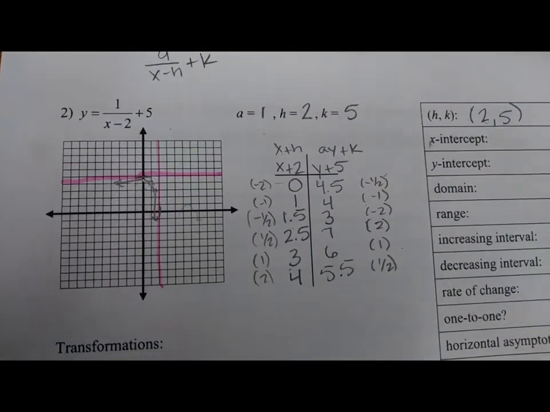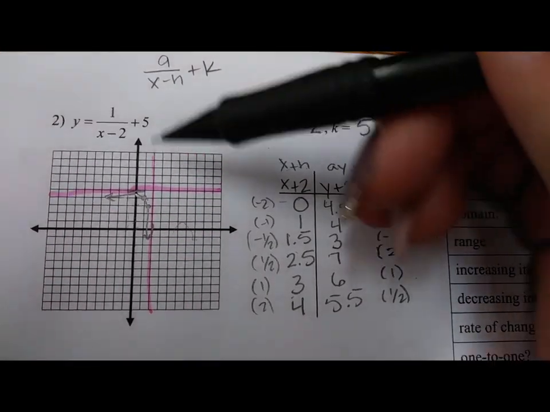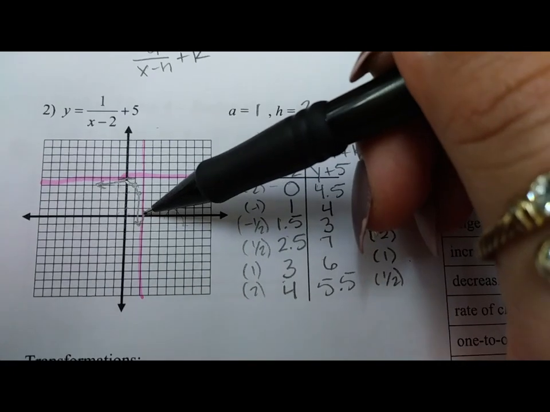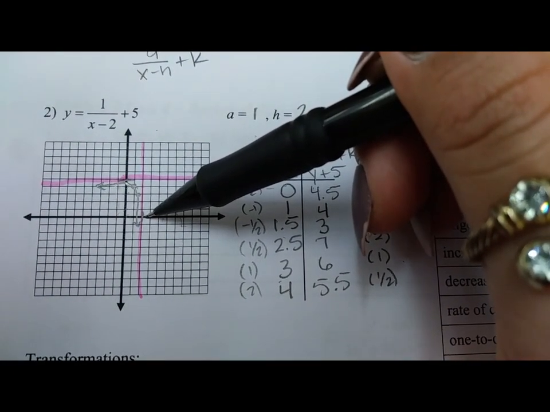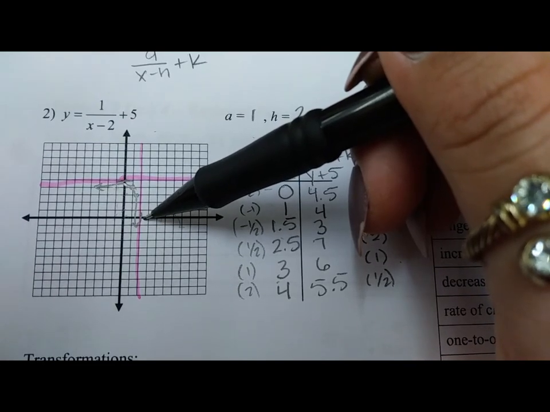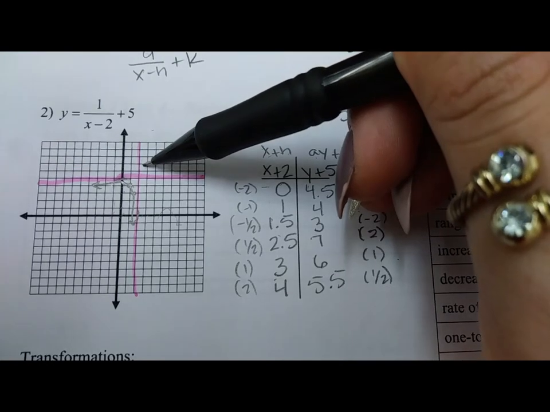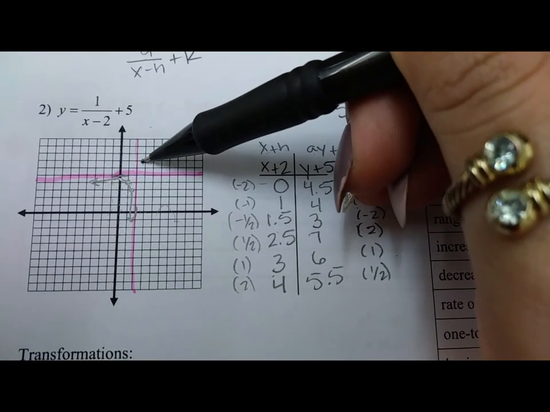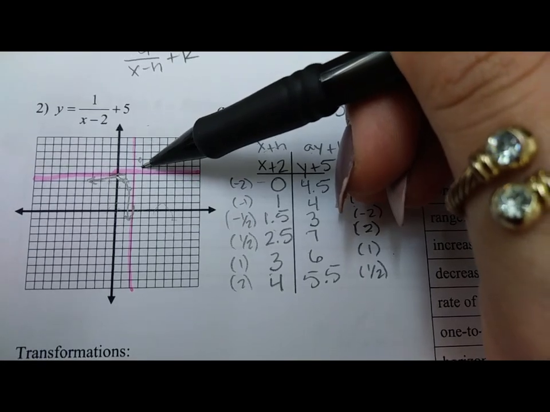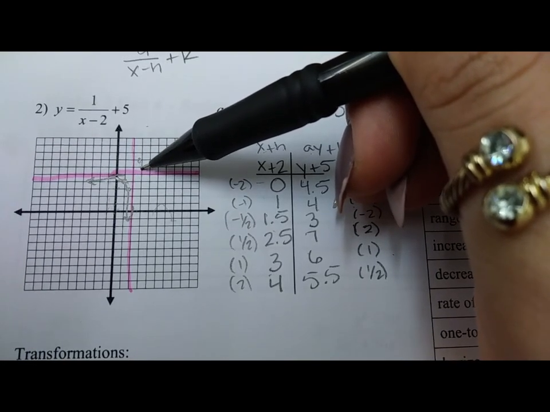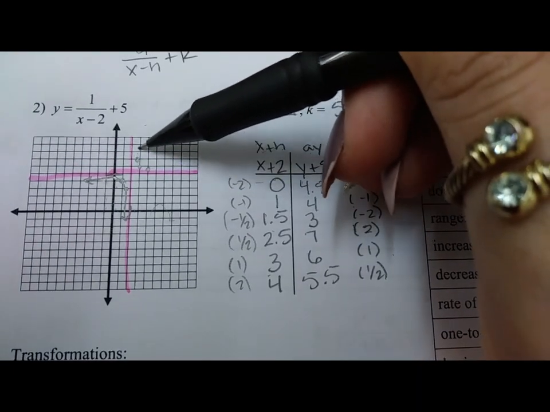And then on the other side, because we skipped 2, we jumped to 3. 2.5, sorry, 2.5. So from 2.5, we'll get 5, 6, 7. 3 will give us 6, and 4 will give us 5.5.